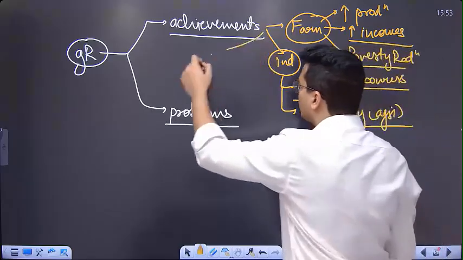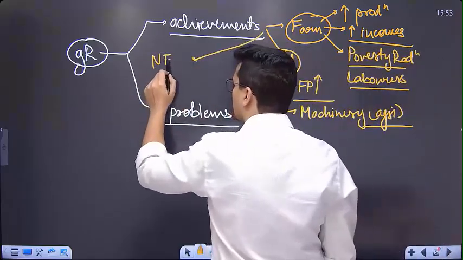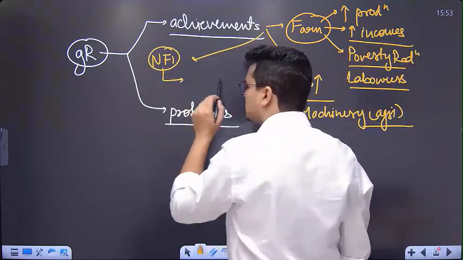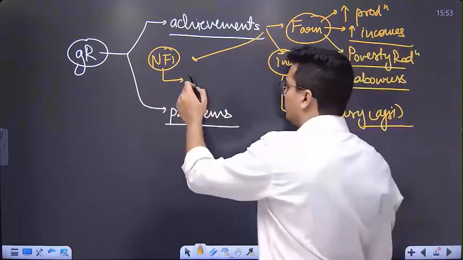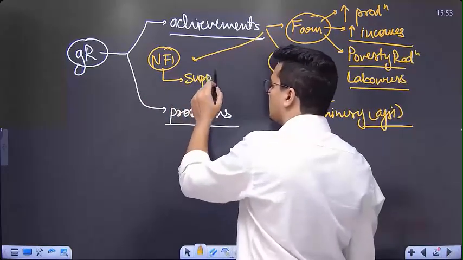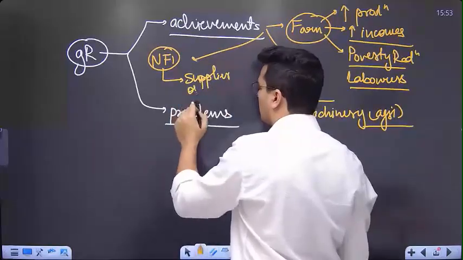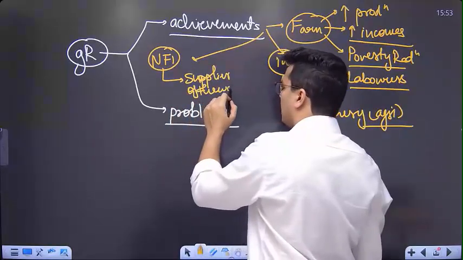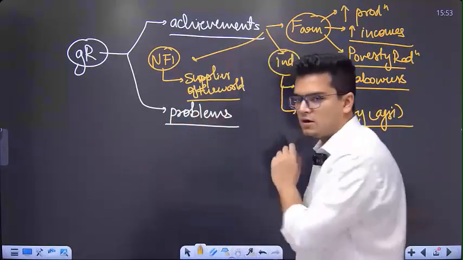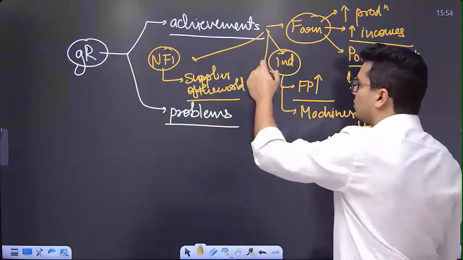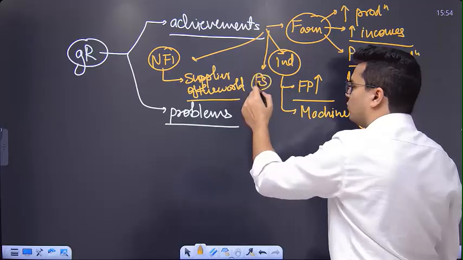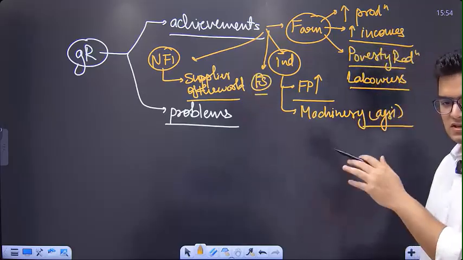From a net food importer, from a nation which has a bowl in its hand asking for wheat, we become the supplier of the world. So we become a net food exporter. This is the achievement. And if we are a net food exporter, of course, we have food security.